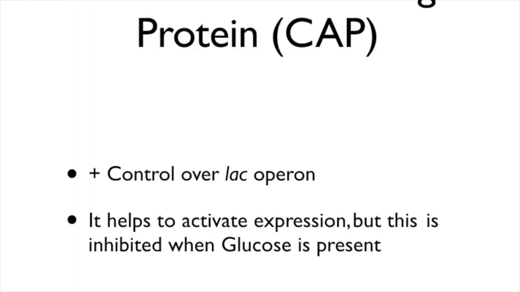There's another regulatory molecule that we're going to talk about, and this is catabolite activating protein. This molecule exerts positive control over the lac-operon. So this is something that helps to activate expression, but it's inhibited when glucose is present.